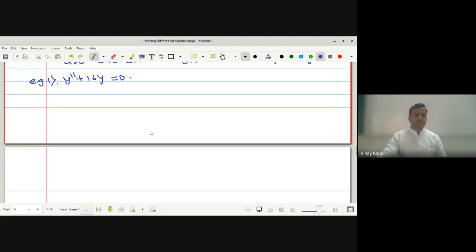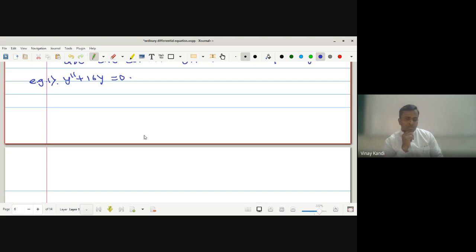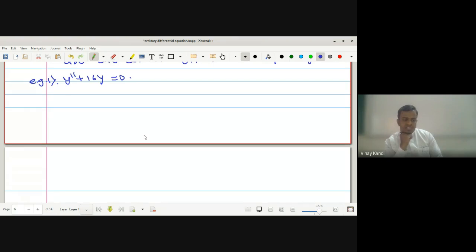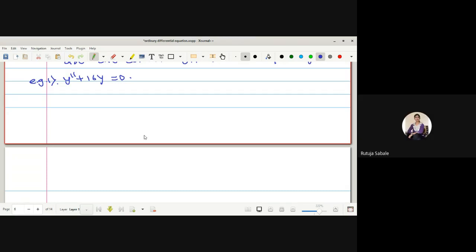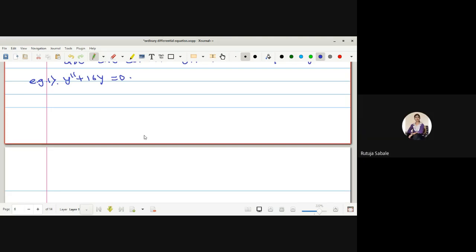What is its characteristic polynomial? r square plus 16 is equal to 0. Very good. Now find out r. Plus and minus 4i. Very good. Then what is the value of alpha here? 0. And what is the value of beta? 4.